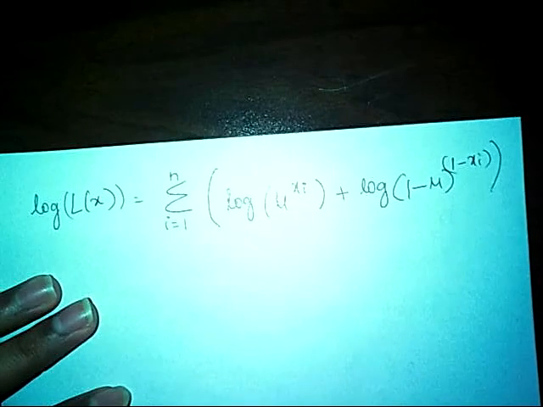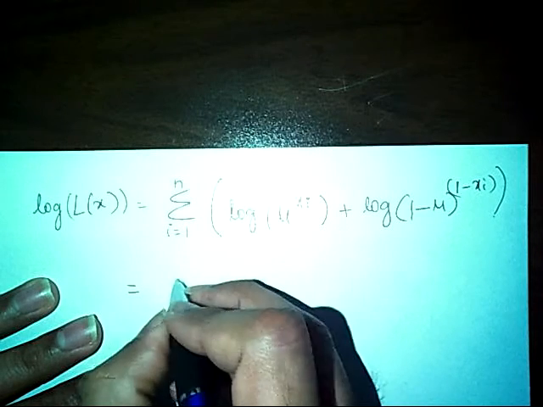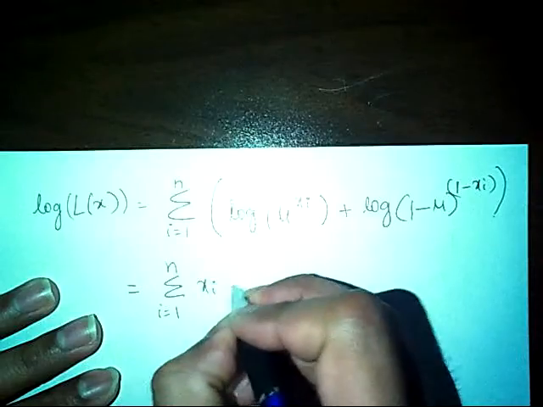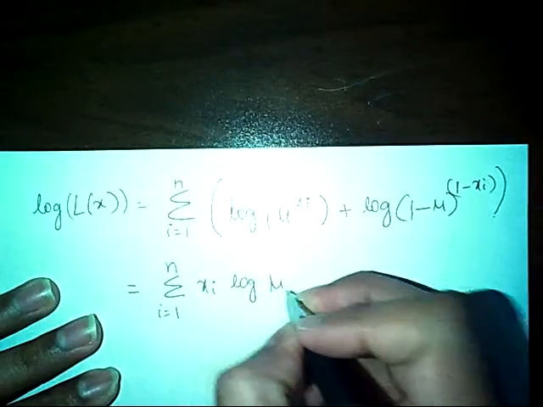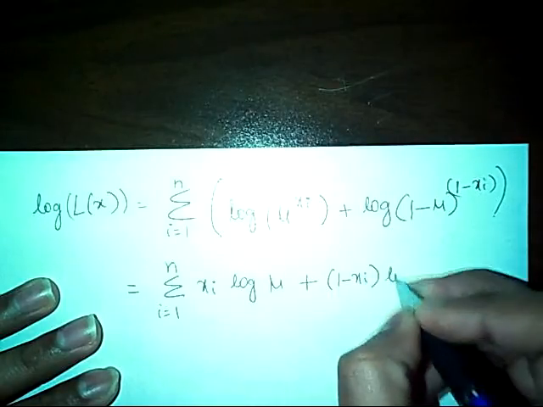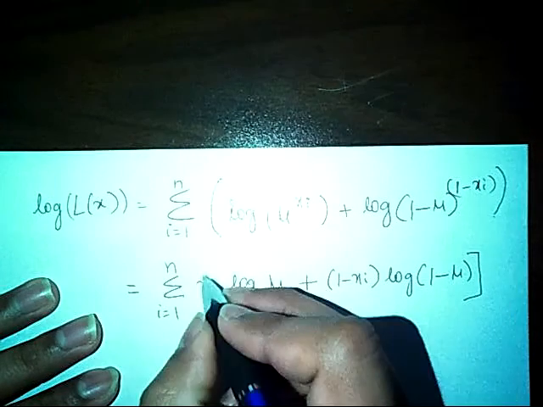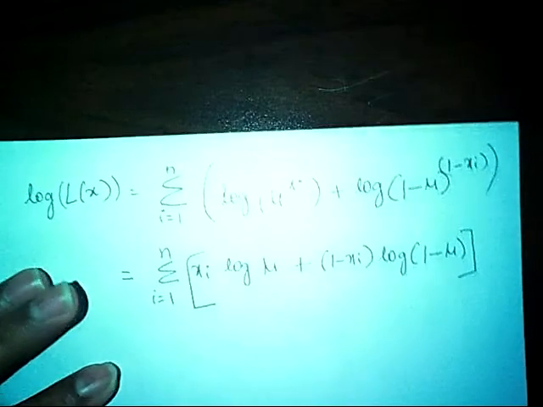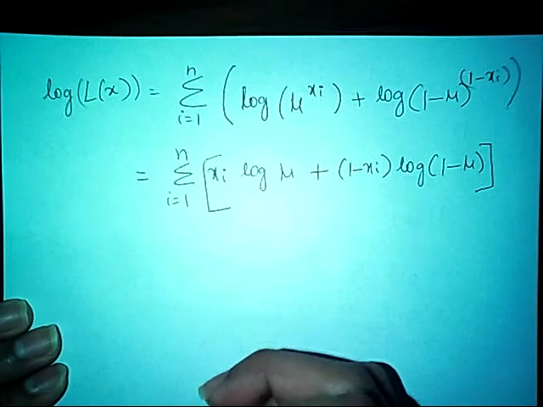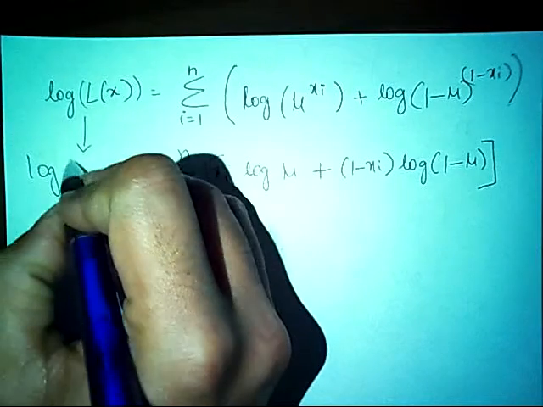This is what we have ended up with, and as we know, this is going to be equal to... Now how do we maximize the log likelihood function? So this is called the log likelihood function.